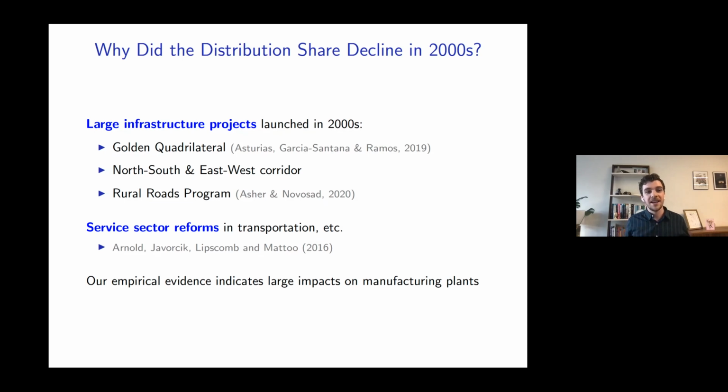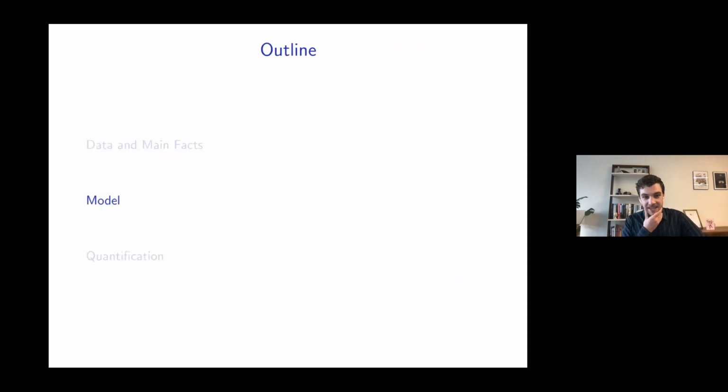So putting this all together, this is the story that we think is relevant here: a lot of these reforms and infrastructure projects, our empirical evidence suggests, may have had particularly large impacts on larger manufacturing plants. So that's the data.